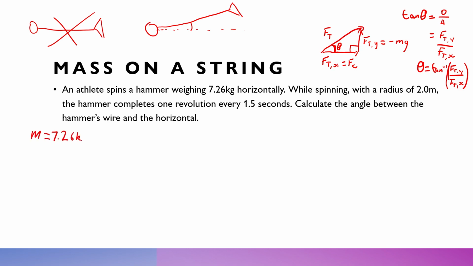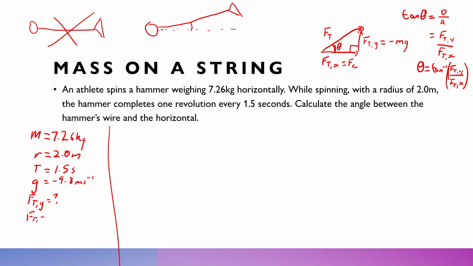What I'm going to do first is develop a little bit of a data column. From here, let's identify some relevant formula. Given the formula that we have here, we do have access to most of this data already. Mass, gravity, radius have all been given or could be found in our data sheet. However, we should note that we currently do not have the velocity of the hammer as it's rotating.